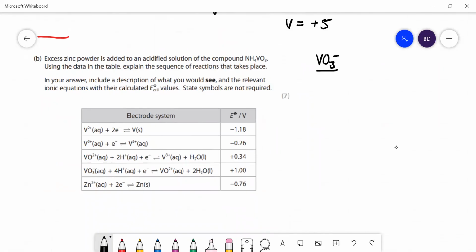So what I'm going to write down is the oxidation states of the vanadium species there. This one, the VO, that's +5. It's +5, and that's colorless or pale yellow.